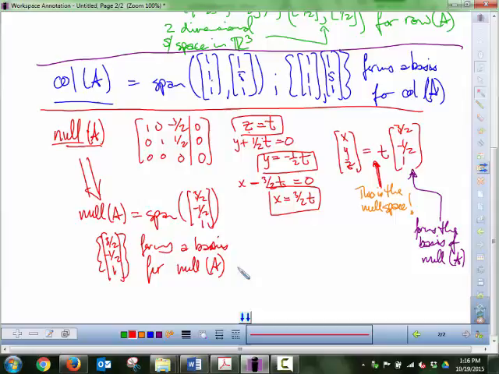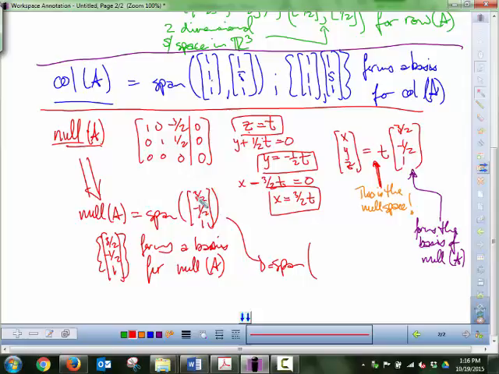Since the null space is a span of this, really you can make this look a little nicer and get rid of the fractions maybe by multiplying by 2. So if you say the span of 2 times that basis, since t is an arbitrary free variable, I can have that to be anything I want.